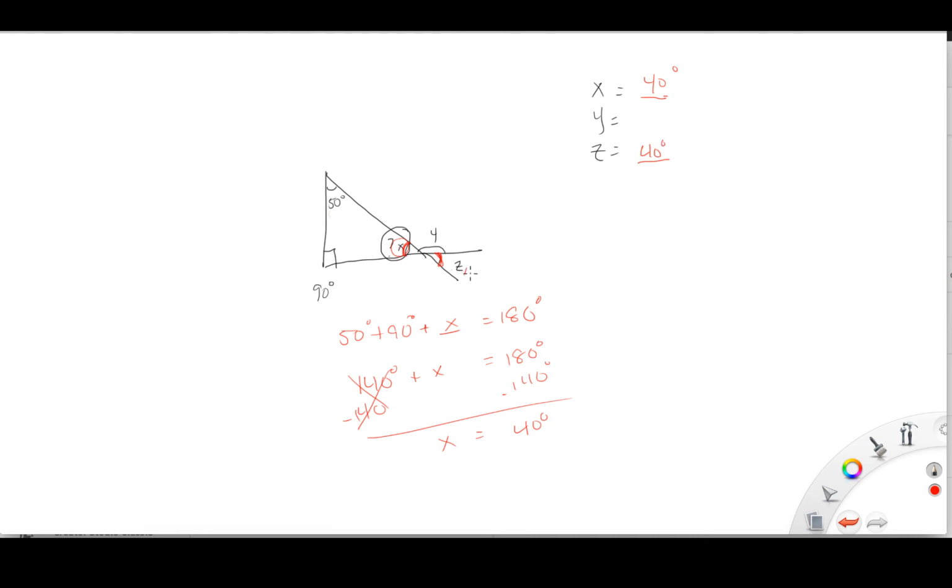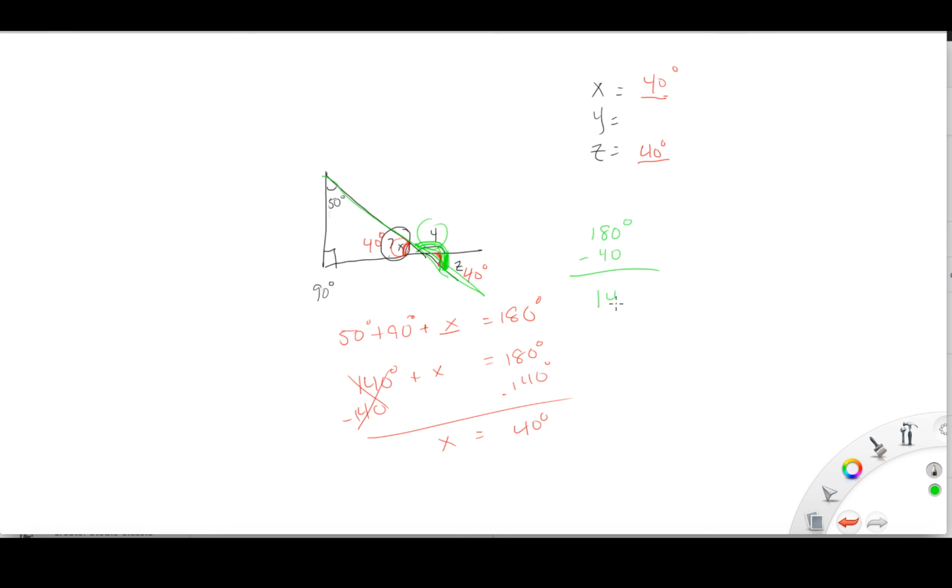All right, so if z is 40 and x is 40, I want you to think about this, and I'm going to go to green here. You might have a hard time seeing it, but this right here is a straight line, is it not? That's a straight line. So if this is 40 degrees down here on this section, if I make this arc all the way here of 180 degrees, that means I can say 180 degrees minus 40 is going to give me y.